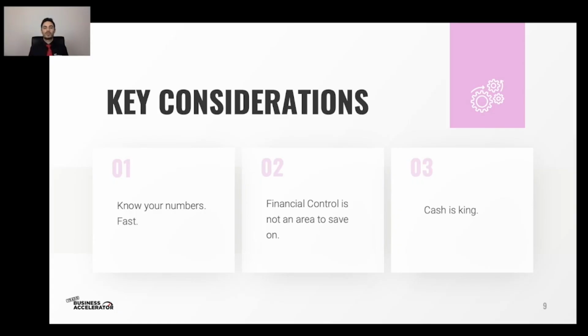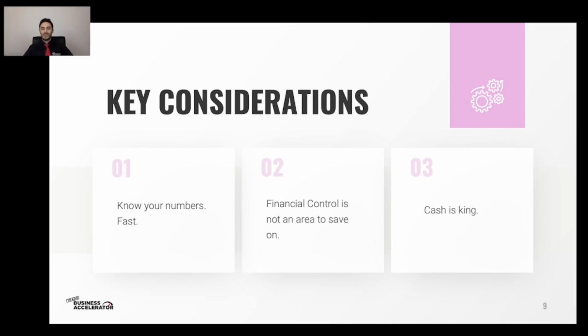But if there's no financial control at the back end, i.e. you're overspending in certain areas, or your debtors management isn't quite what it needs to be, and your cash flow is more negative than it should be, and you have no information around your finance or numbers, then it doesn't matter how good your business plan and model and strategy is, you're not going to be able to implement and follow through and execute on what that plan is unless you've got the control in place. So this is something that you need to make sure that you are putting into place very, very early on.